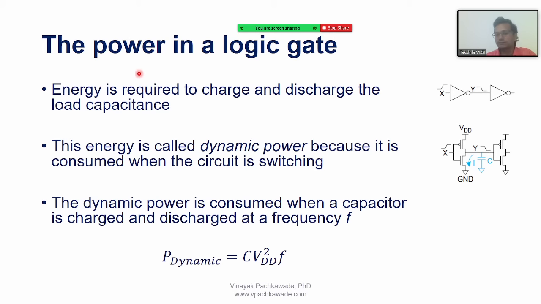So power is basically the energy that is required to charge and discharge this load capacitance. When the switching is happening, the capacitor is constantly being charged and discharged. So some energy is being supplied to it and is taken out of it.